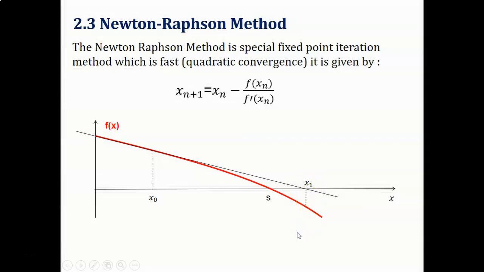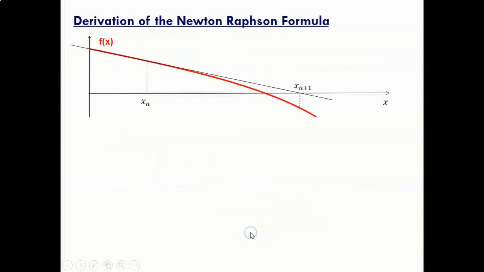And then I repeat the process. I take the tangent at the point x1. It will give me x2. The intersection with the x-axis will give me the point x2, and etc.